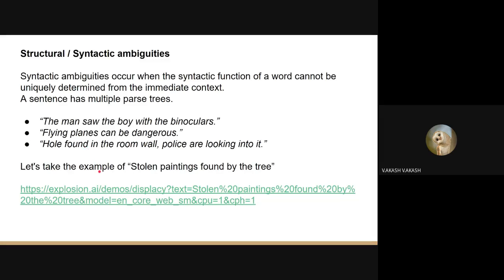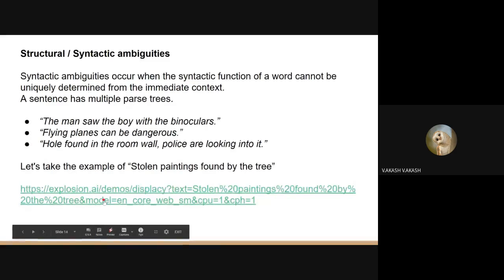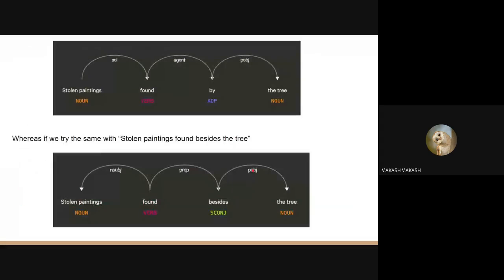Now let's look at an example. "Stolen paintings found by the tree." In this case, found is the verb, which is being considered the agent of the action before the preposition, and it's understood as the stolen paintings being found by the tree.